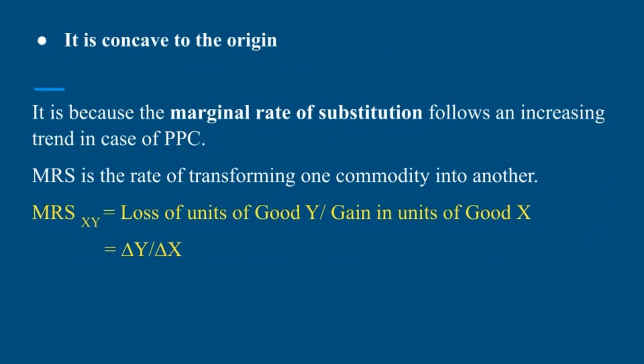The second property of the production possibility curve is that it is always concave to the origin, and it is because the marginal rate of substitution here follows an increasing trend.